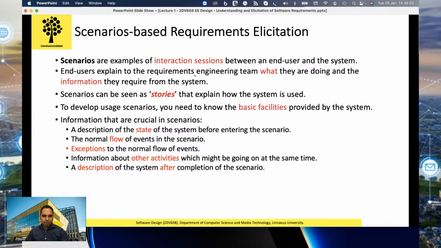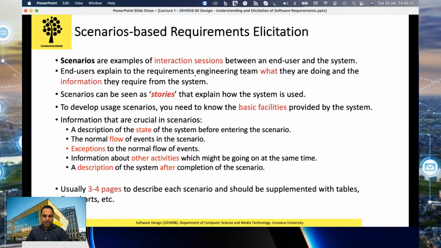From this information, you can come up with new requirements, and you will miss some requirements if you do not know what is going on inside the system.